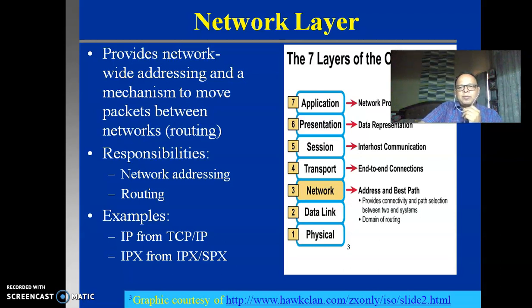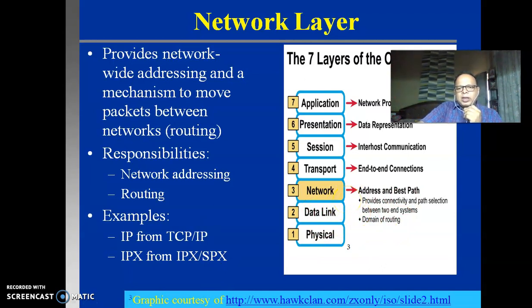So addressing is very important, and this addressing part is taken care of by the network layer. Not only that, there is the best path, which leads to a term called throughput. Throughput means the entire data communication will happen not only in a reliable, error-free manner, but also in the shortest time. That aspect is throughput, which is taken care of by the network layer.